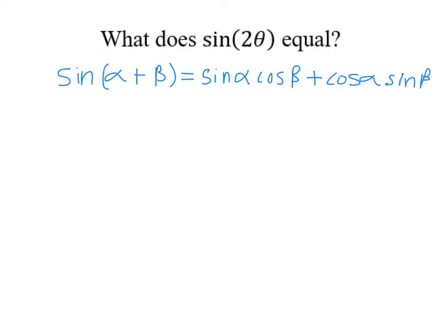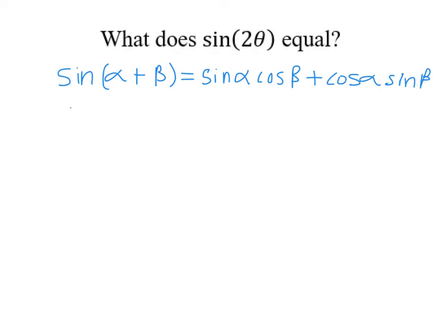All right, so what we can do here with this identity now is we need to get something that adds up to 2 theta. I know I was using alpha and beta, and maybe you didn't use that, but now I can substitute.